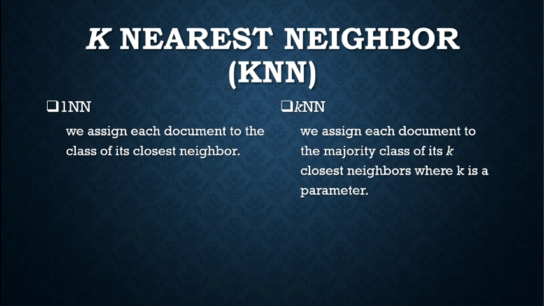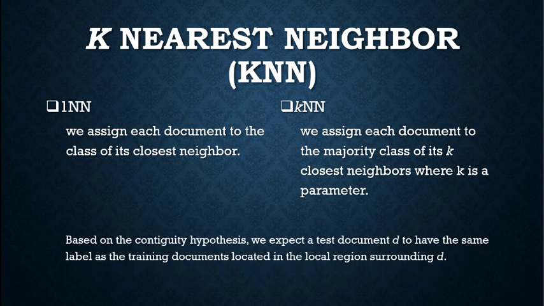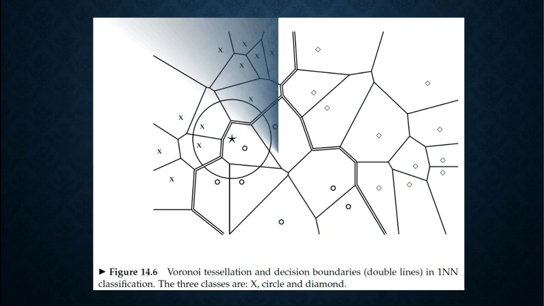The rationale of KNN classification is based on the contiguity hypothesis, which we talked about in the first video. We expect a text document D to have the same label as the training documents located in the local region surrounding D. Decision boundaries in 1NN are composed of segments of the Voronoi tessellation, as shown.